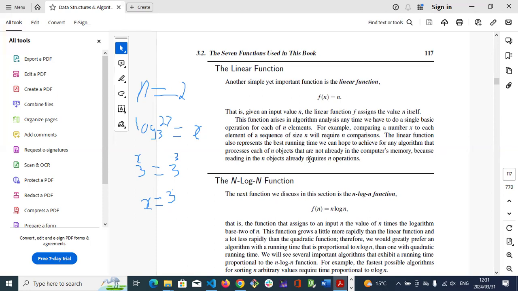The linear function also represents the best running time you can hope to achieve for any algorithm that processes each of n objects that are not already in computer memory, because reading in n objects already requires n operations. And then we have a fourth one, which is the n log n function.